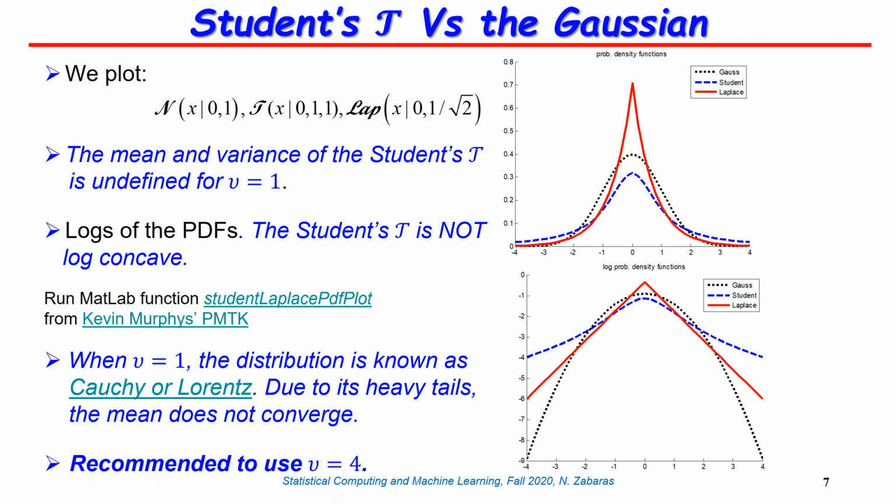In practical applications later on, when we're going to use the student T distribution in our Bayesian analysis, it is recommended to use as degrees of freedom nu equal to 4. Okay, so that's a typical value that you will see in lots of our examples.